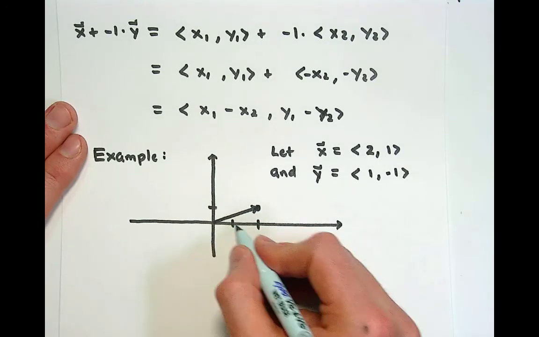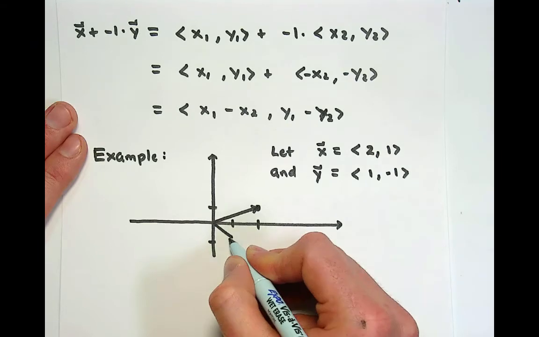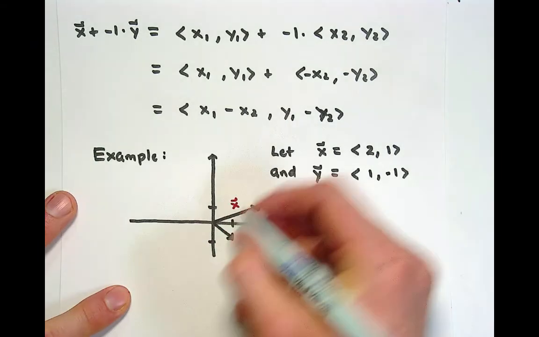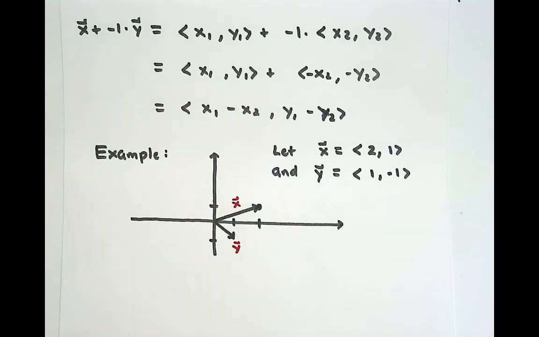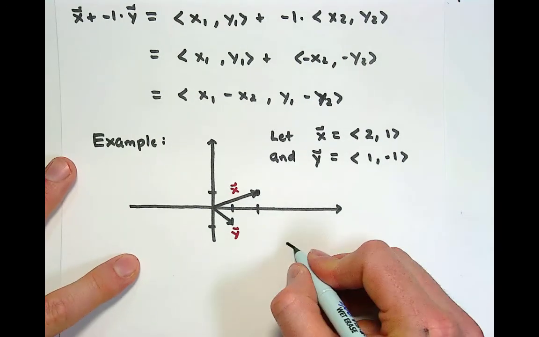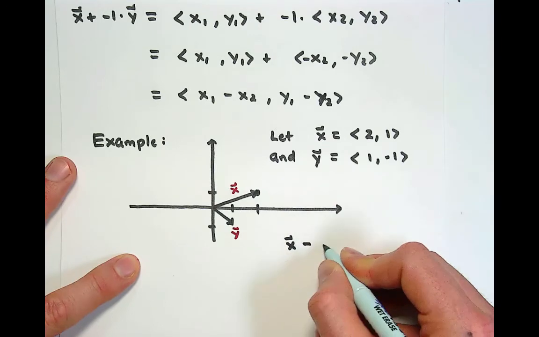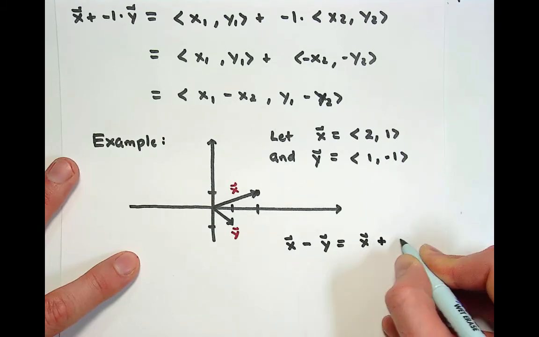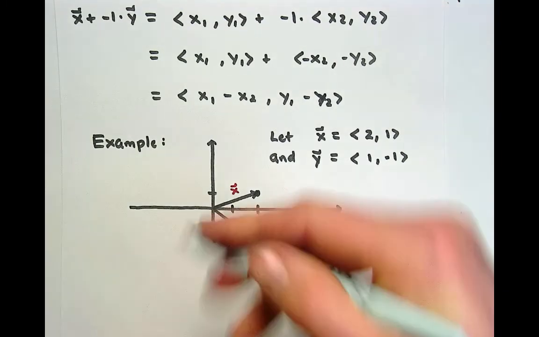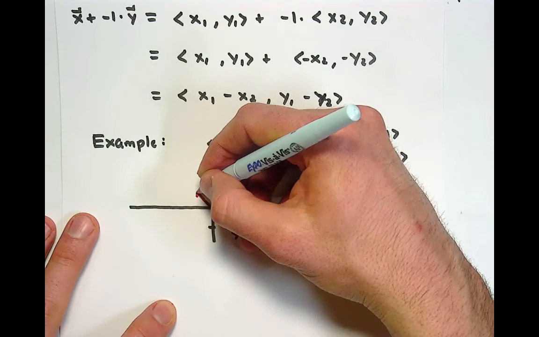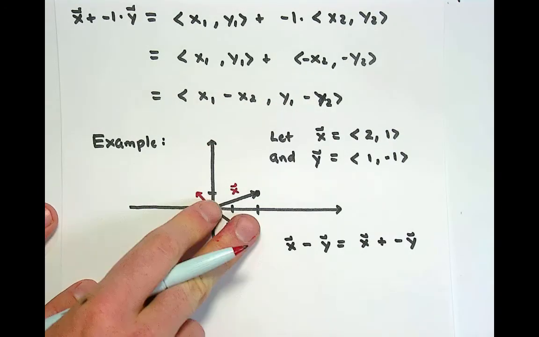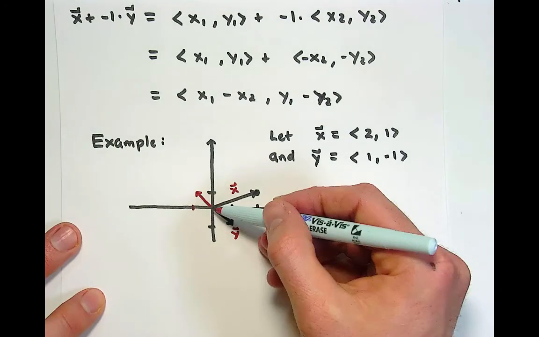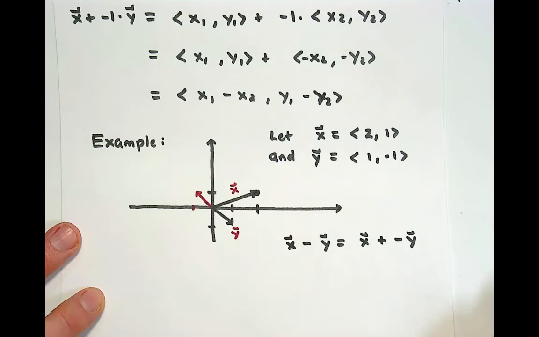And then y goes 1 out and 1 down. So now you have y. So here's x, and here's y. If we looked at x minus y, which we just said was the same thing as x plus a minus y, well, minus y is going to be this vector here, right? Because it's going to be y flipped 1 unit in the other direction: (negative 1, 1).